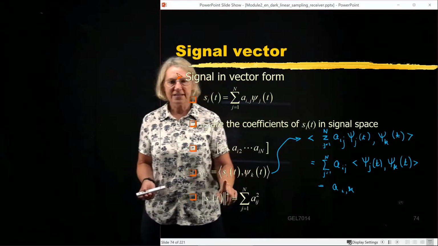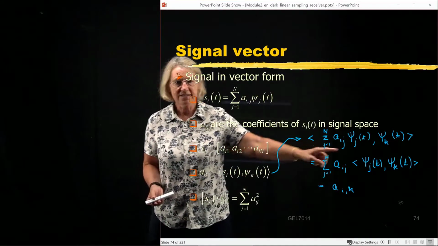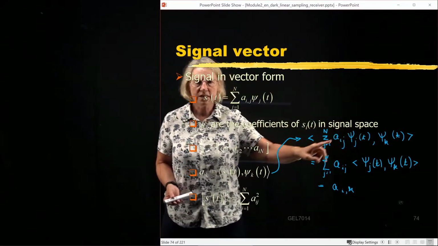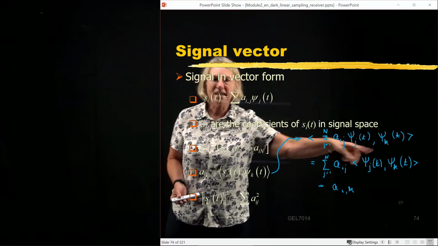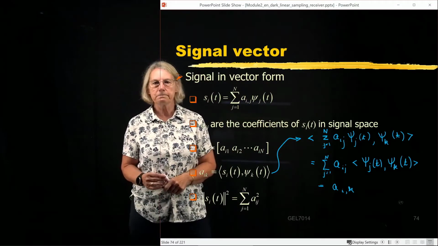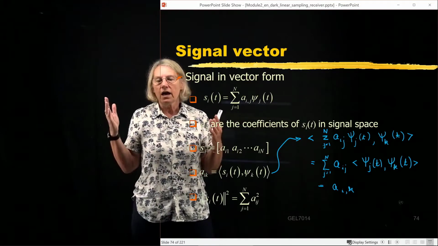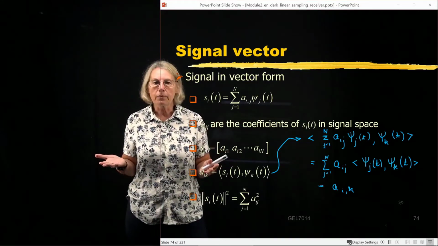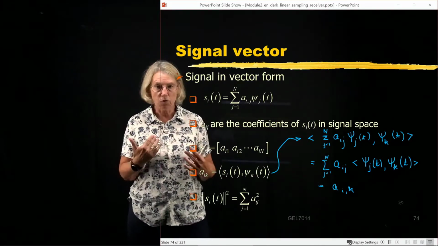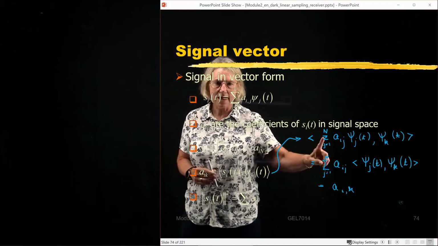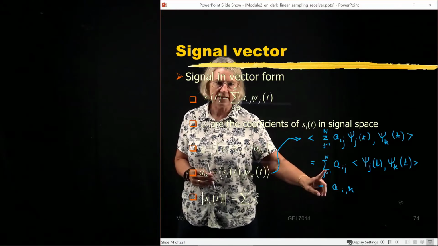So I replace s_i of t with this linear combination of terms. And I take the inner product of this s_i with, let's say, the kth basis vector. Well, the inner product is a linear operation, and therefore the inner product of a sum is equal to the sum of the inner products. So I can take the sum outside of the inner product, put it on the outside.